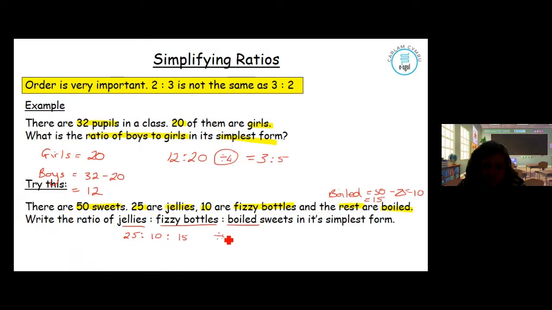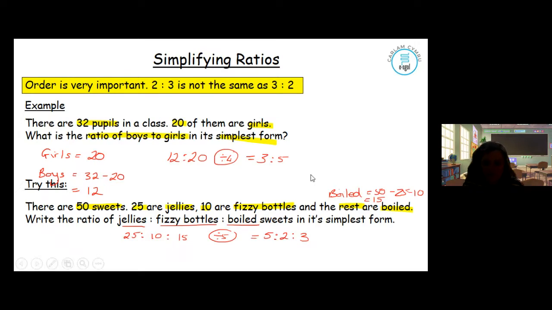So I'm going to divide them by 5, and I'm going to write what they are once I've simplified them. How many 5s in 25? 5. How many 5s in 10? 2. How many 5s in 15? 3. And I've fully simplified that, so that's where I would stop with this question.